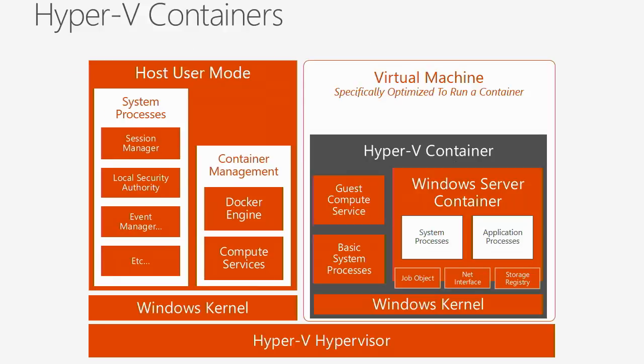With Hyper-V containers, we run this all in what is, in essence, a highly optimized virtual machine. This is a virtual machine that you never get to see. It's actually a read-only virtual machine, custom built for the purpose of running a single Windows Server container. And we did that for a couple of reasons.